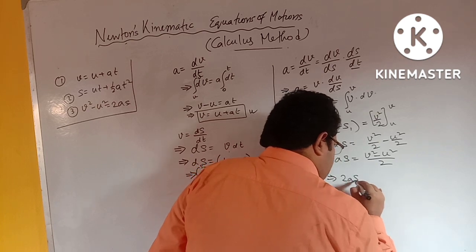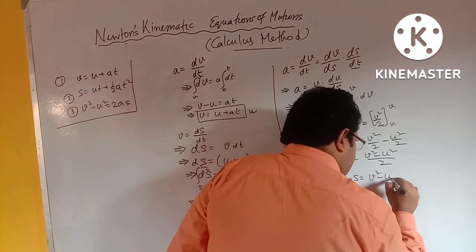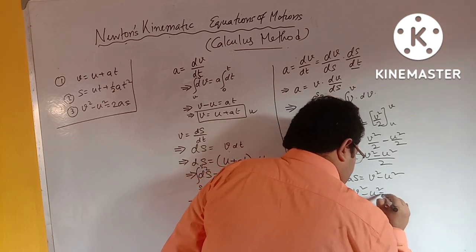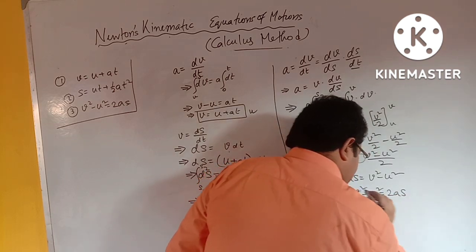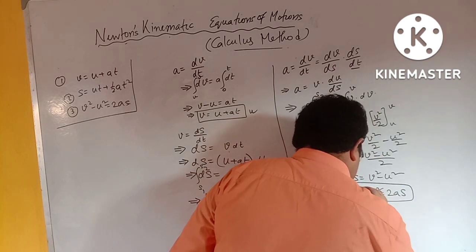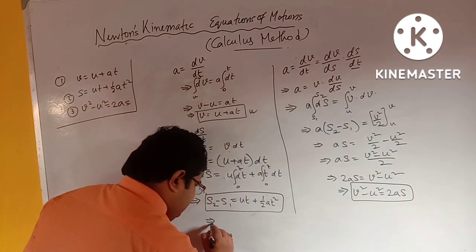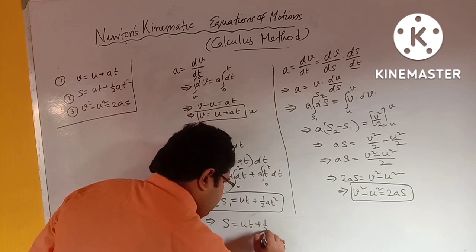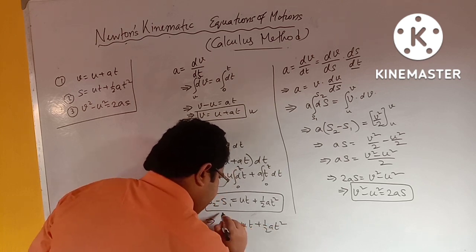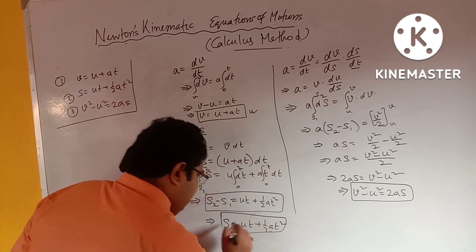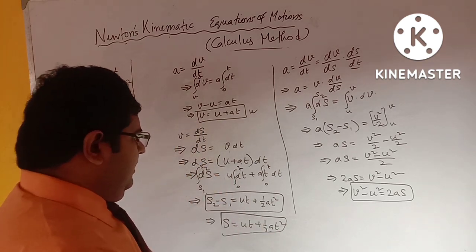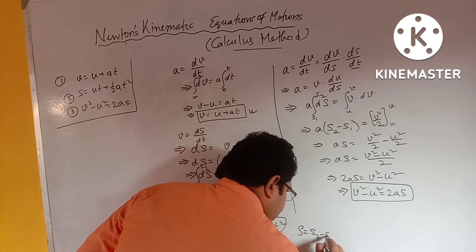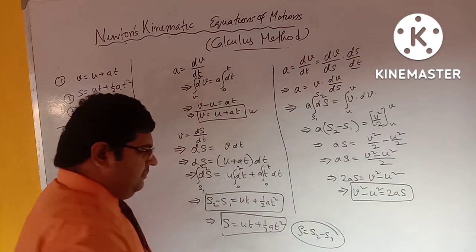So 2as gives you v square minus u square, or v square minus u square equals 2as. This is the third relation. Here we can also write it like this: s equals ut plus half at square. Now what is s? s equals s2 minus s1, the difference in displacement.